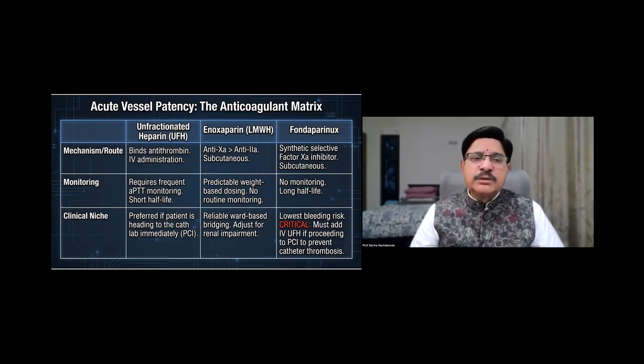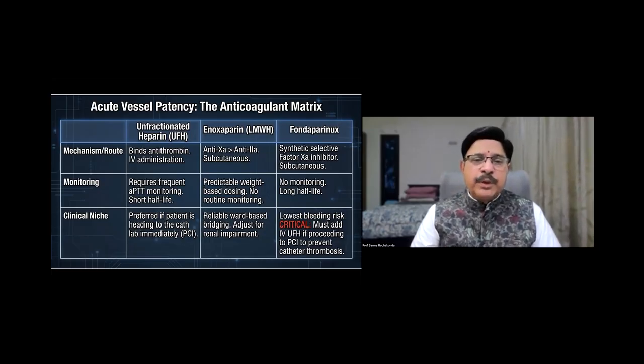Monitoring: unfractionated heparin's half-life is only 4 to 6 hours, requiring frequent APTT monitoring. Enoxaparin lasts 12 to 24 hours depending on what you have chosen. Predictable, weight-based adjusting, no routine monitoring is required. Fondaparinux has a long half-life, no monitoring is required.